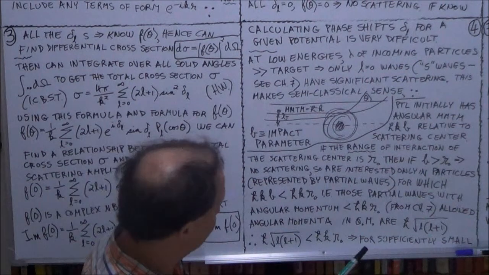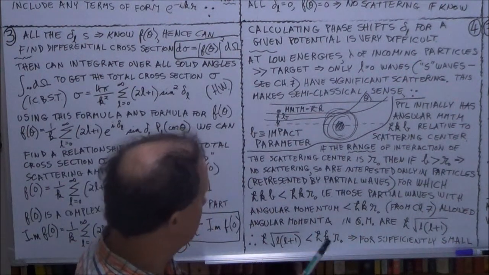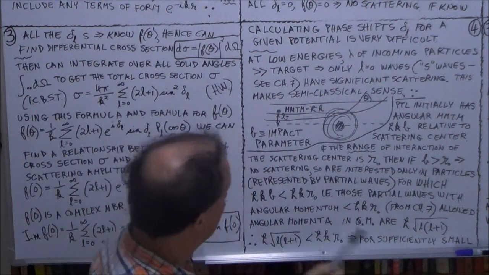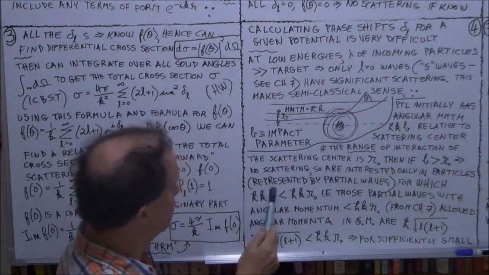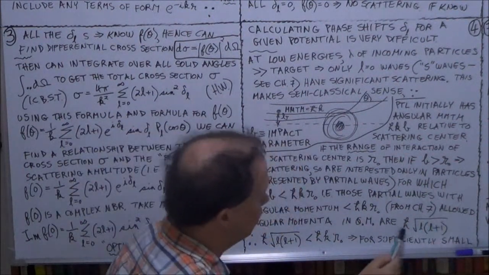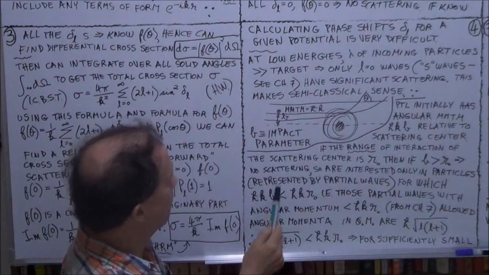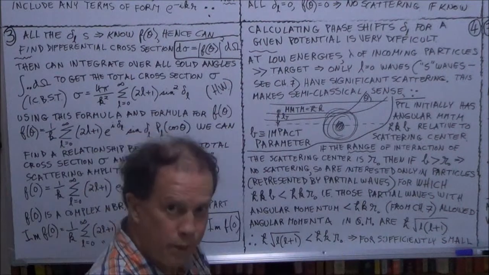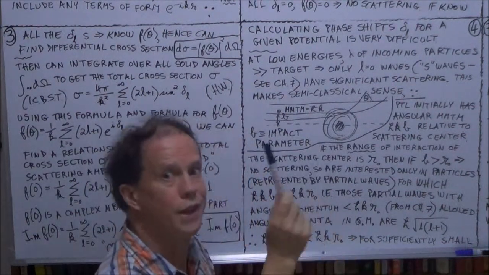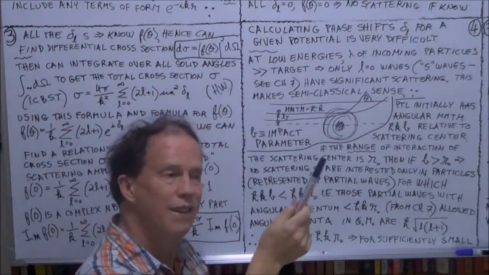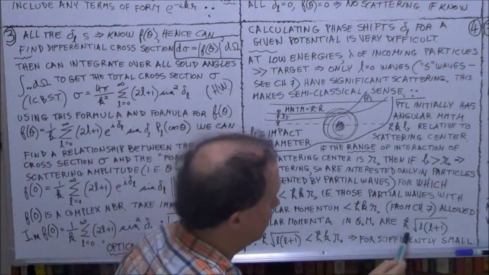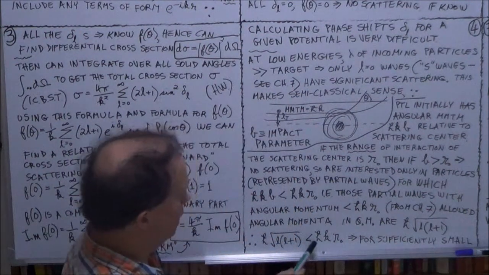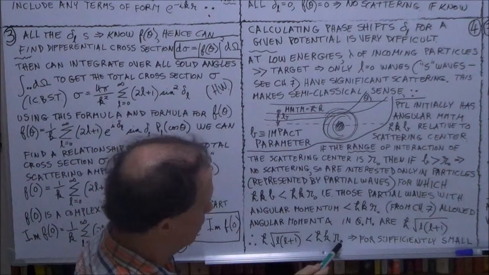So the allowed angular momenta, so instead of this h bar k little b, we can plug in this formula, right? So this is the angular momentum of the incoming particle. And from the theory of angular momentum, we know those values are quantized. The angular momenta, plural, are quantized, and they take this value. Okay, so that means this value here has to be less than h bar k r naught.